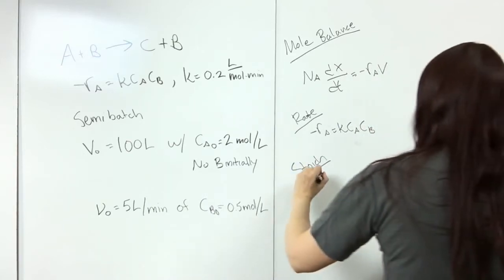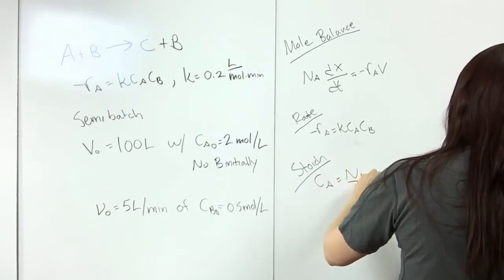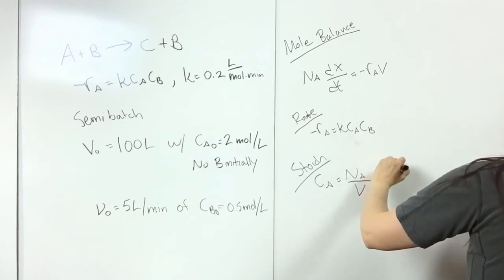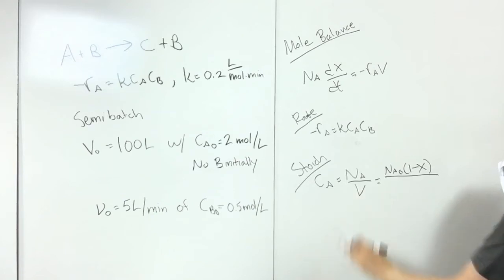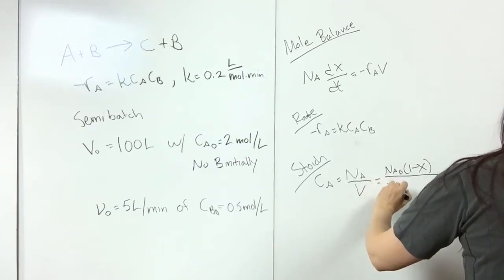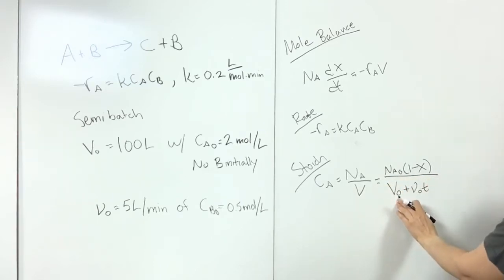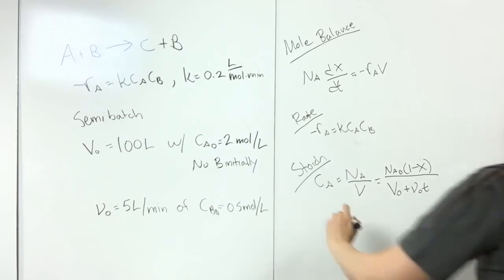And so we know that CA is equal to NA over V, and NA is equal to NA0 (1 minus X), and the volume is changing since this is a semi-batch, so this would just be V0 plus v0 t. So this is the initial volume plus the volumetric flow rate multiplied by time, so the amount that's added over time.